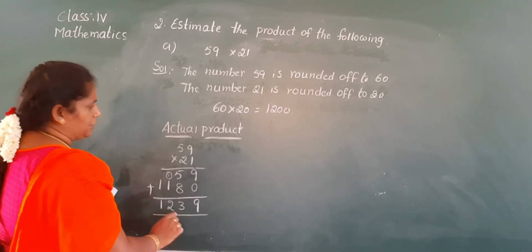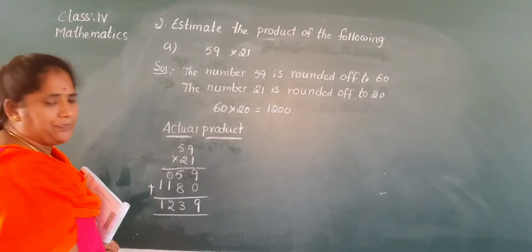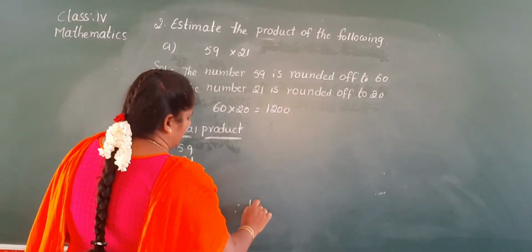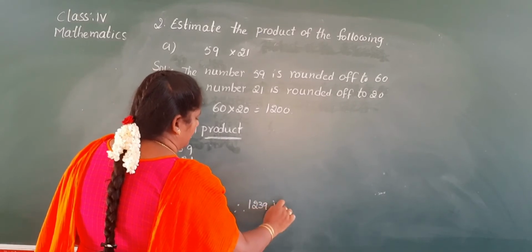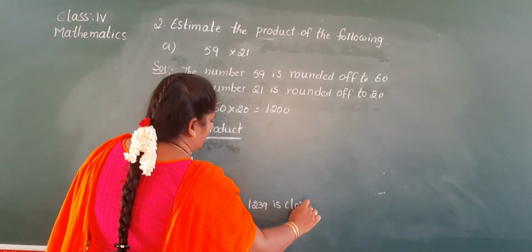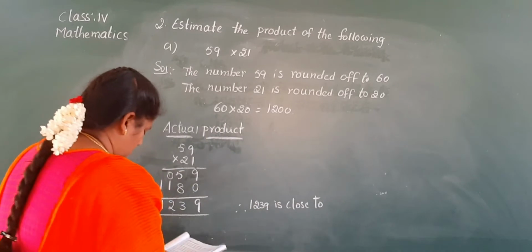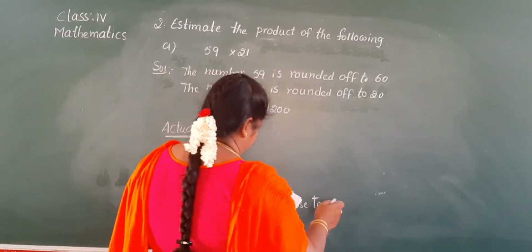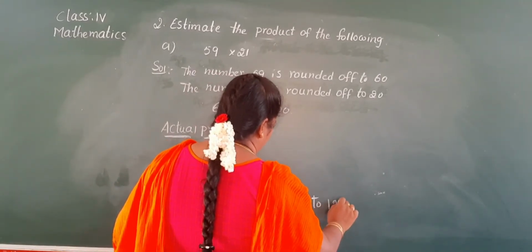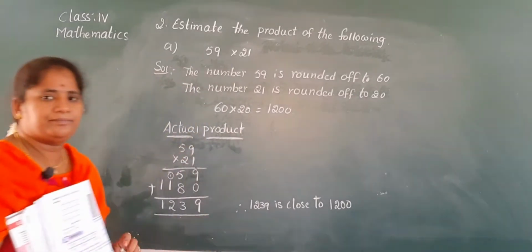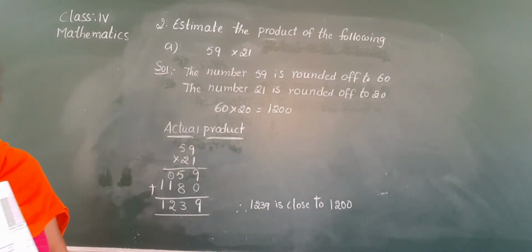So 1239. So therefore 1239 is close to 1200. Okay, Nana? Note down in your classwork.